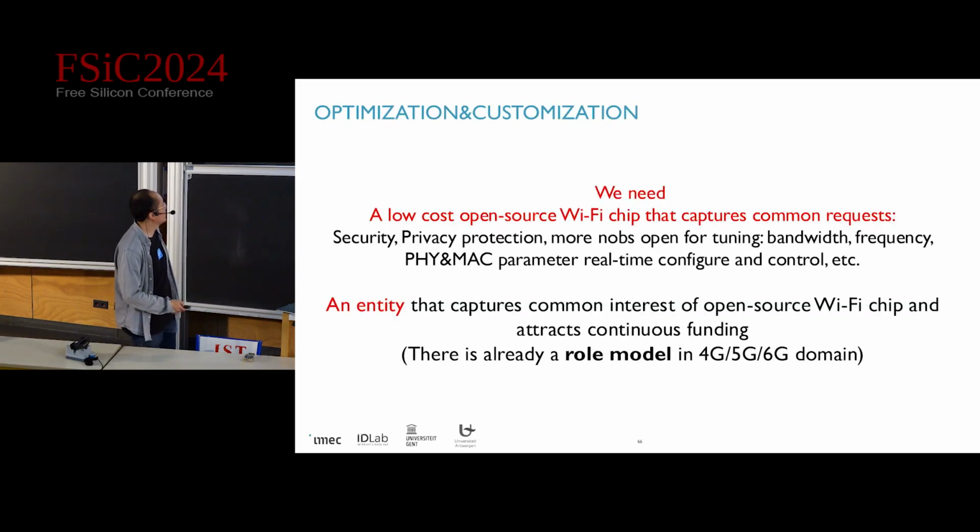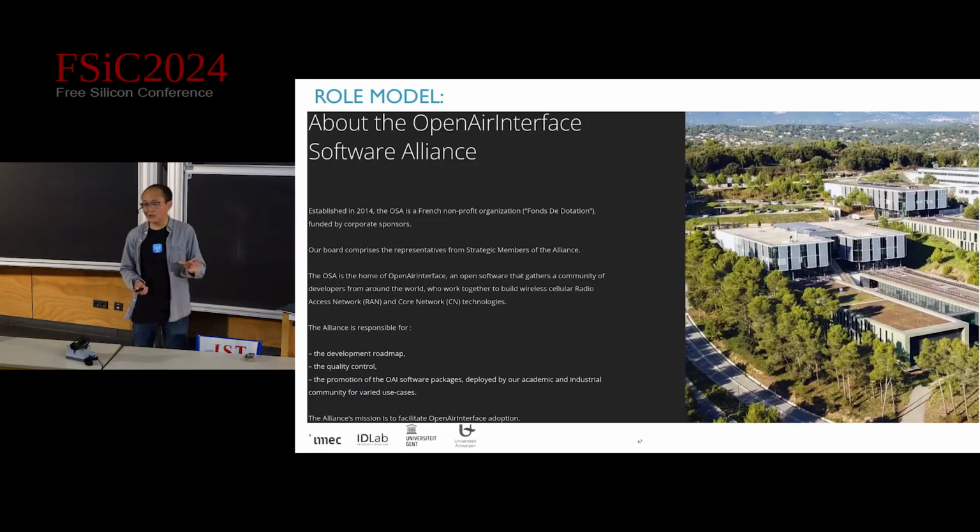So in summary, we need a low-cost and open-source Wi-Fi chip that captures the common requests, such as security, privacy, customization, and tuning. And we also need an entity that captures the common interest in an open-source Wi-Fi chip and attracts continuous funding. We already have a role model in cellular communication, as I said before, right? The OpenAirInterface Software Alliance, initiated in France.